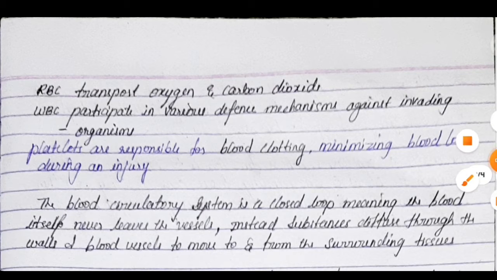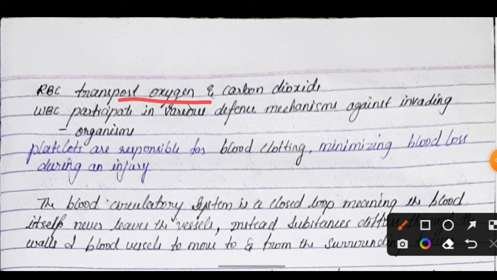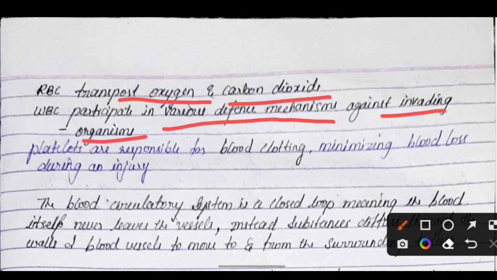The red blood cells transport oxygen and carbon dioxide, while WBCs participate in various defense mechanisms against invading organisms. Platelets are responsible for blood clotting, minimizing blood loss during an injury.